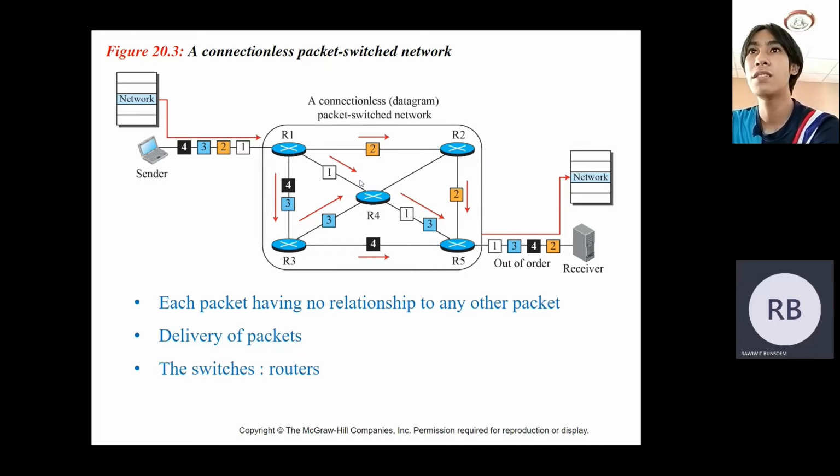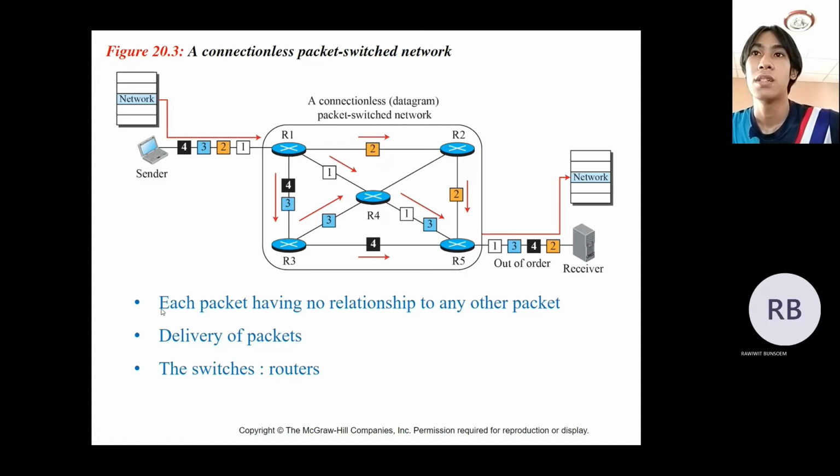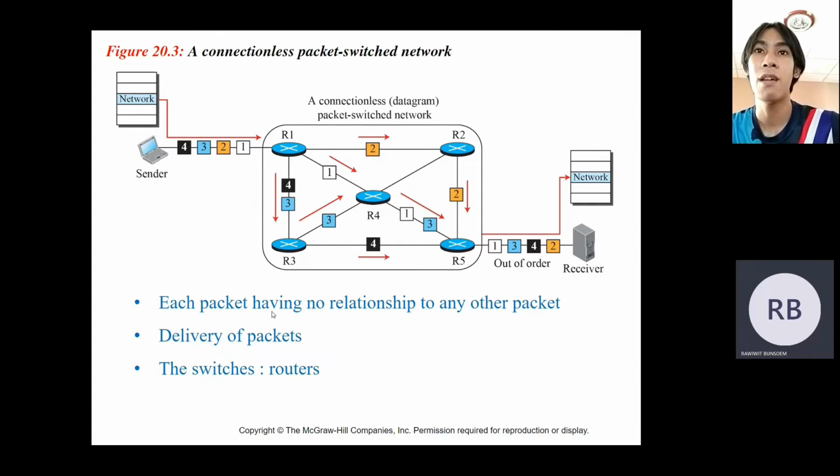Data 1 is sent to R4, R5, out of order at the receiver network, but data 2 goes from R1 to R2 and then R5 sends to the receiver. Each packet is treated as having no relationship to any other packet. Delivery of packets by the switch or router.